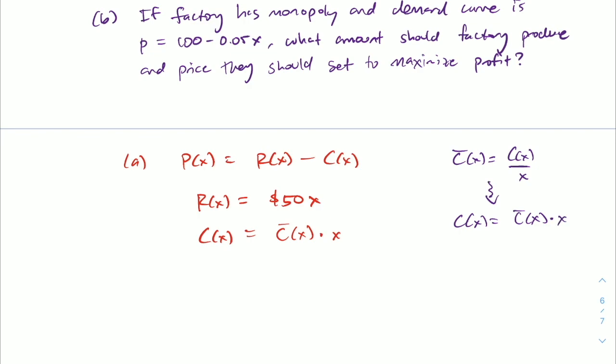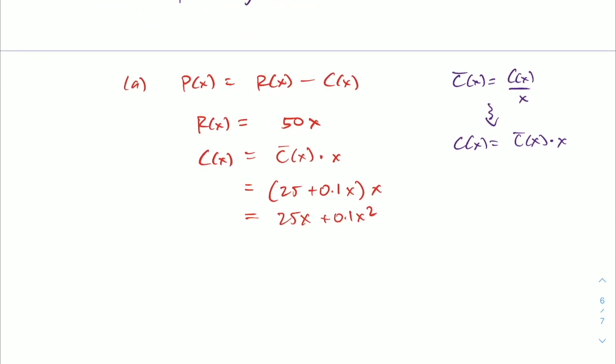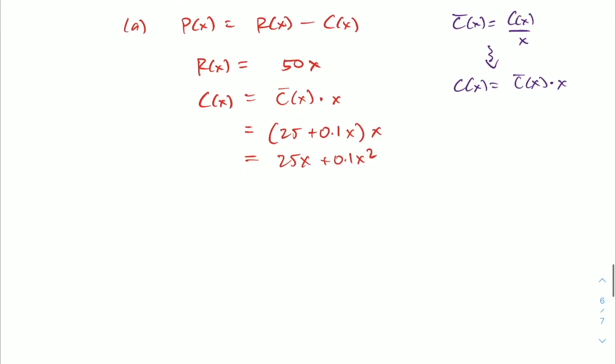Okay, and so the average cost was 25 plus 0.1x. Multiply by X, we get 25x plus 0.1x squared. So we have revenue of 50x, and we have a cost of 25x plus 0.1x squared.